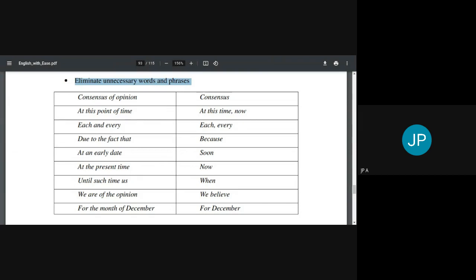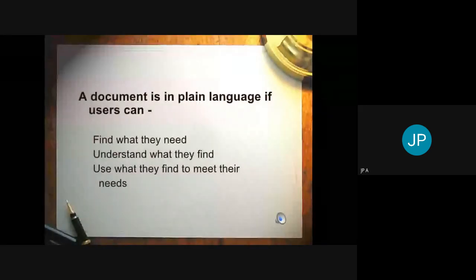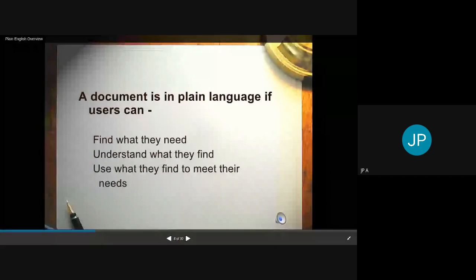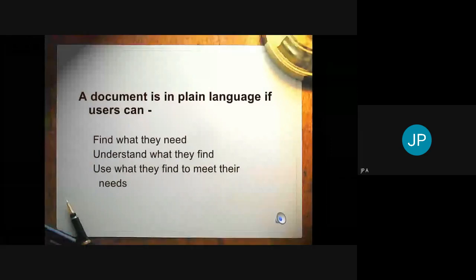So here it is explained what is plain language. You can say that a document is in plain language if the users can find what they need, understand what they find. നമ്മൾ വായിക്കുന്ന കാര്യങ്ങൾ, നമ്മൾ എഴുതുന്ന കാര്യങ്ങൾ ബാക്കി ഒരു മനുഷ്യനും വായിച്ചാൽ മനസ്സിലാവില്ലെങ്കിൽ, then my language is not plain enough.